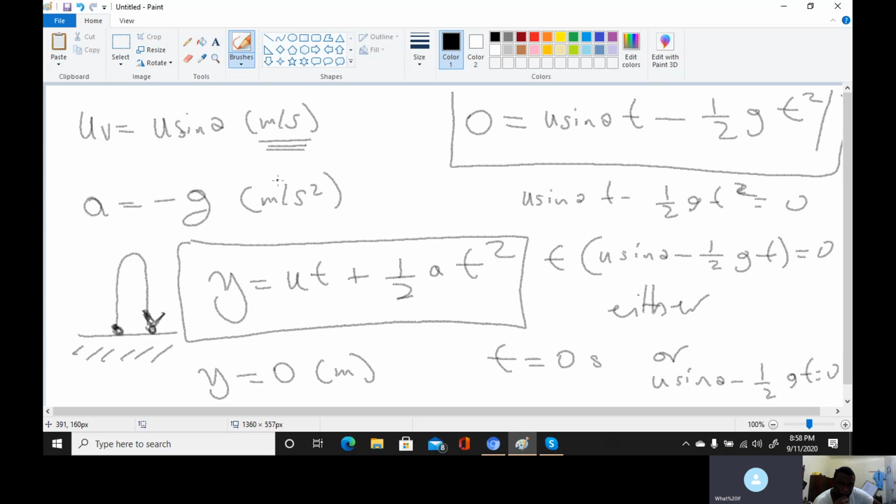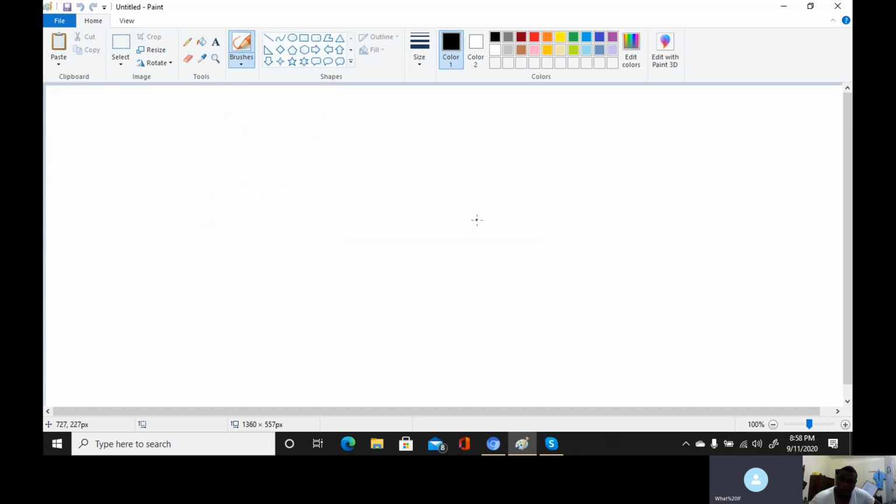Okay? Yes, sir. All right, so let's find an expression for time. We are at u sine theta minus a half gt equals 0. Transposing, I'm going to have u sine theta, just carry this over the equal sign. Negative a half gt, I'm going to get positive a half gt.